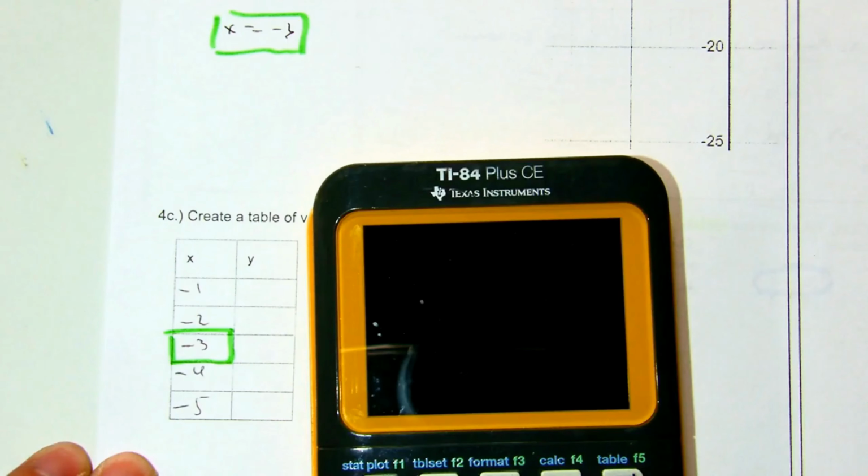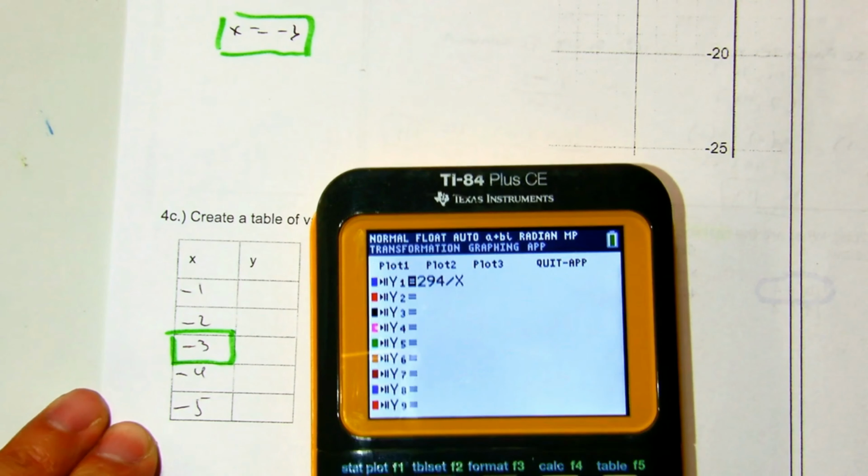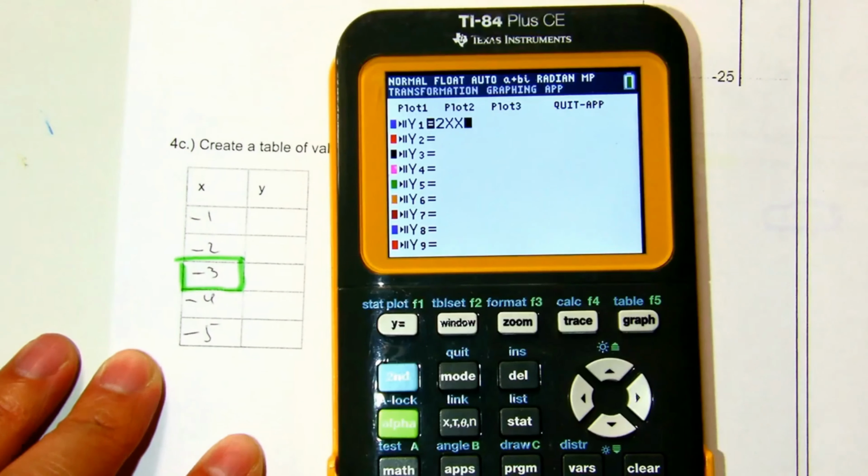I have a calculator here, so I'm going to go y equals, clear it, 2x squared plus 12x minus 3.